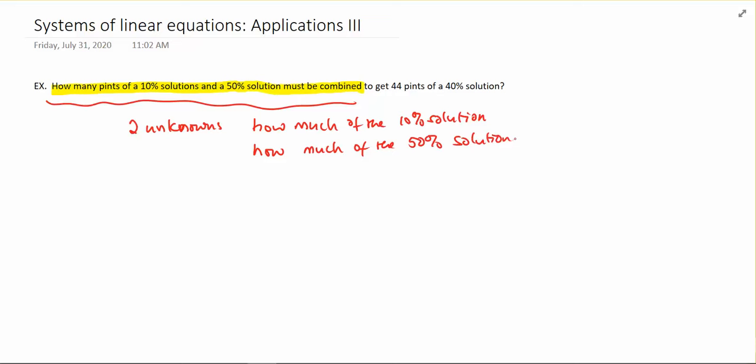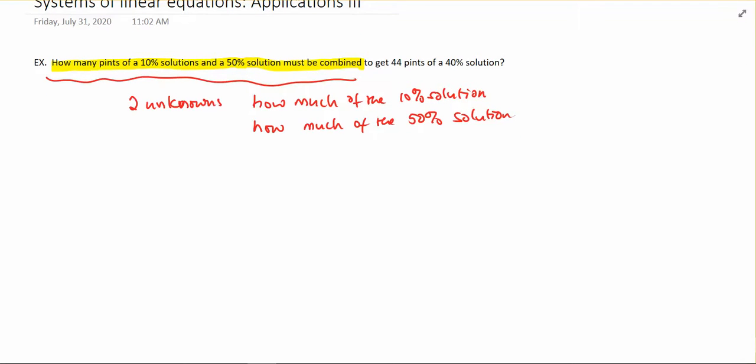So we don't know these two, right? So that's sort of the overall picture, but let's dive a little deeper and make sure we understand what this means. So consider that 10% solution, right? What does that really mean?